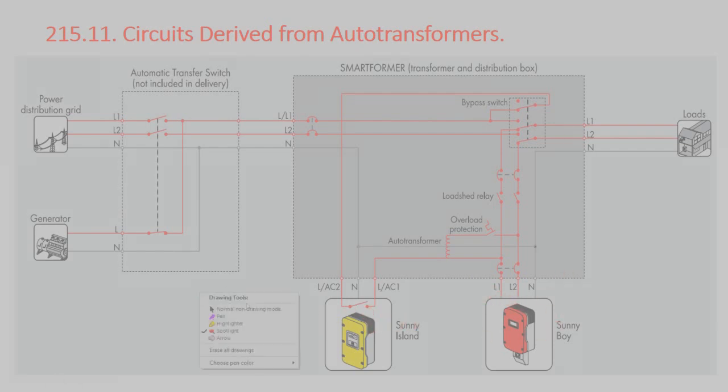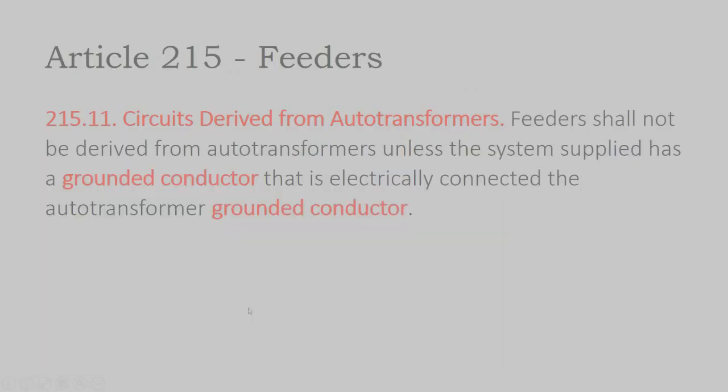And so going back to the code, we have a feeder circuit from the battery bank supplying power to our load through this auto transformer. So what do we have to do? The system grounded conductor needs to be electrically connected to the auto transformer grounded conductor.